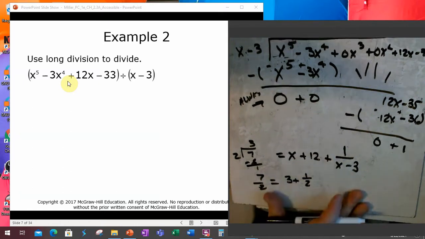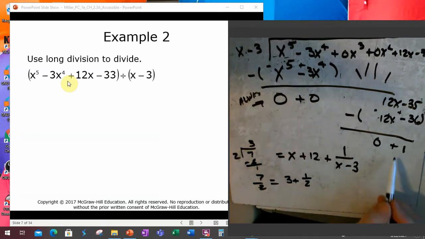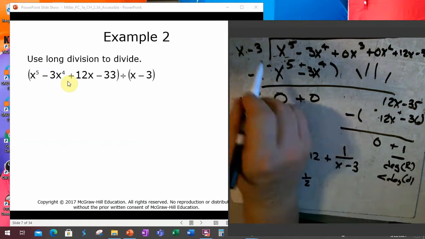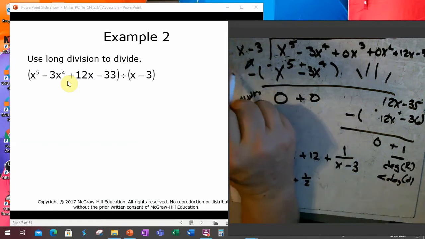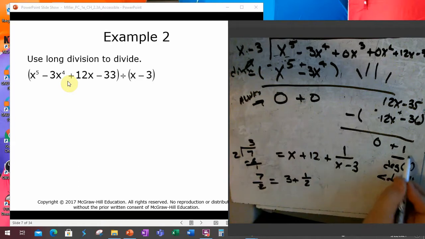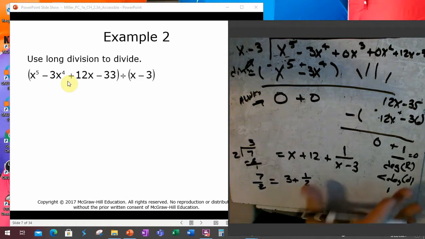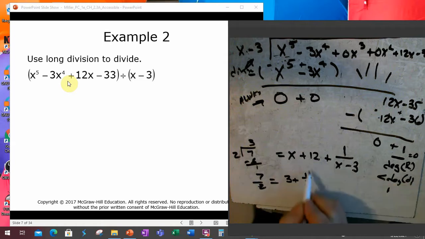When I do this process, I continue until the degree of the remainder is less than the degree of the divisor. This is my divisor. The remainder is degree 0, and this one is degree 1. I stop. I'm less than the divisor, so I stop, and that's my answer.